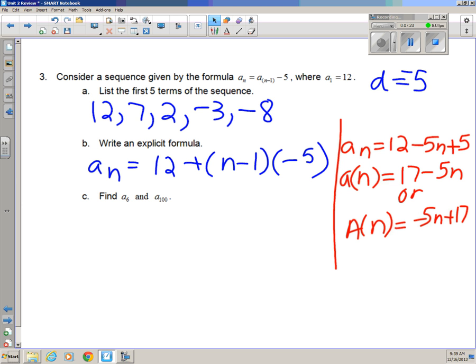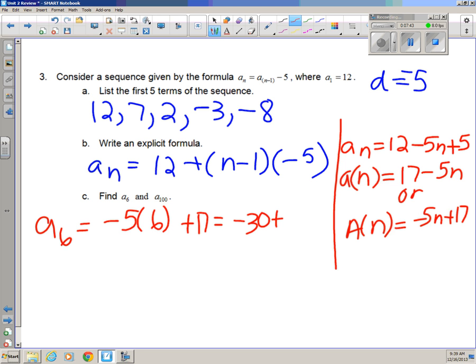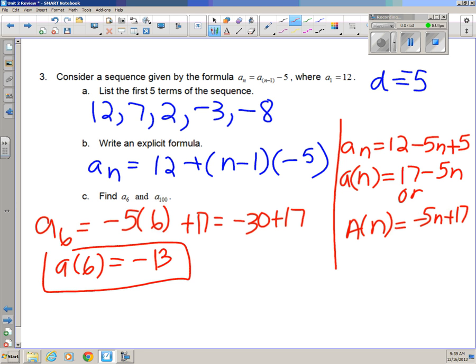Okay, so I'm going to use the red, and I'm going to say a of 6 is going to be negative 5 times 6 plus 17, which becomes negative 30 plus 17, or a of 6, my sixth term, ends up being negative 13. Again, you should have been able to plug that into blue and get the same thing. We still need to do a of 100.